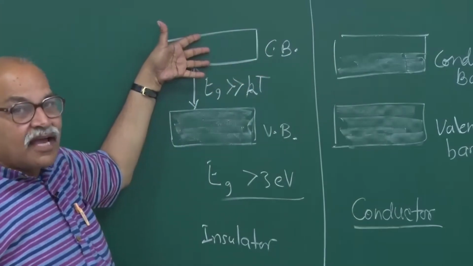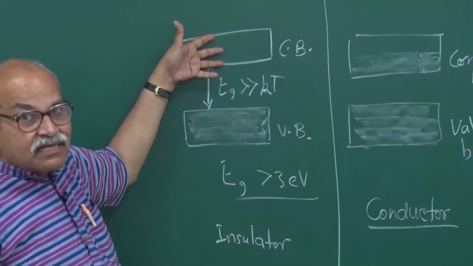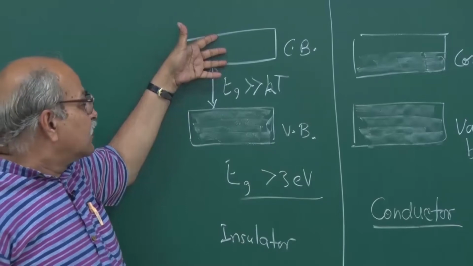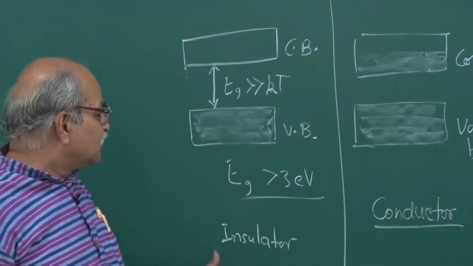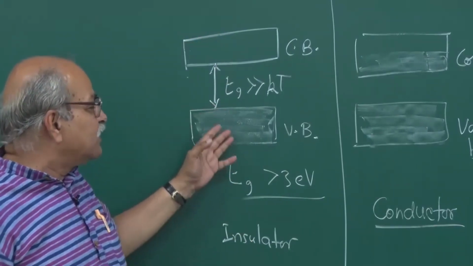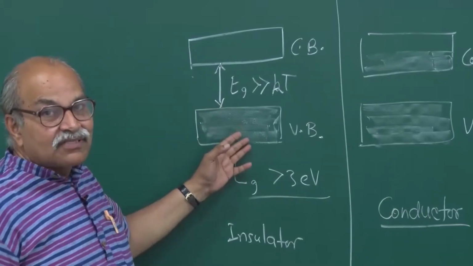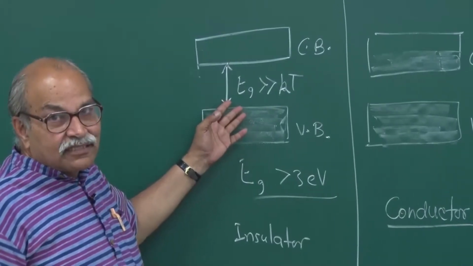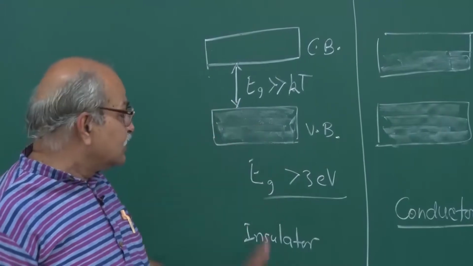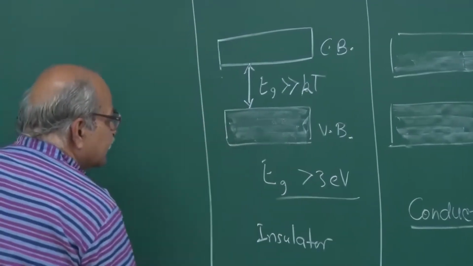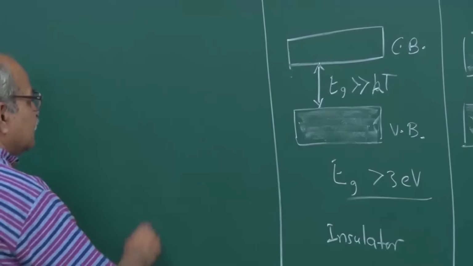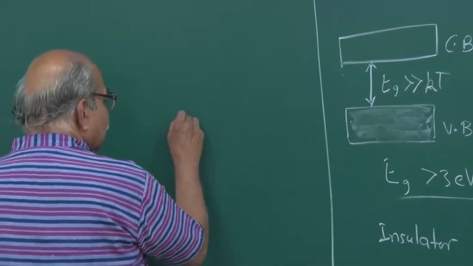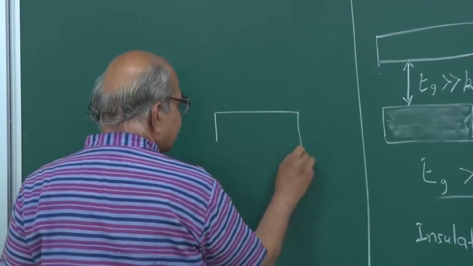Here you do not have electrons in the conduction band, and the electric field cannot do anything to these electrons because there are no nearby empty quantum states. So these electrons will just refuse that energy from the electric field. So this is insulator.